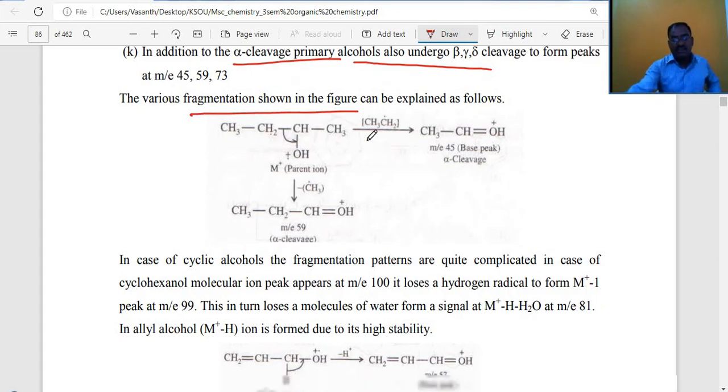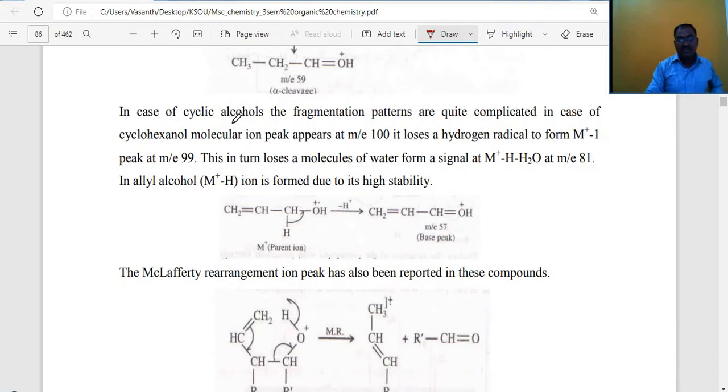In cyclic alcohols, the fragmentation patterns are quite complicated. In the case of cyclohexanol, the molecular ion peak appears at m/e 100. It loses a hydrogen radical to form the M-1 peak at m/e 99.